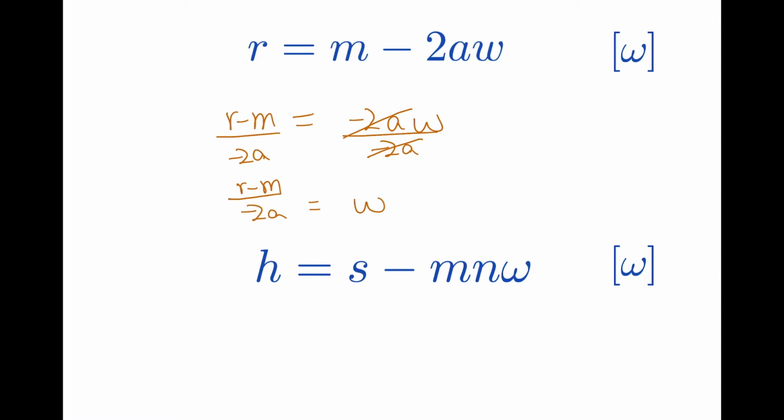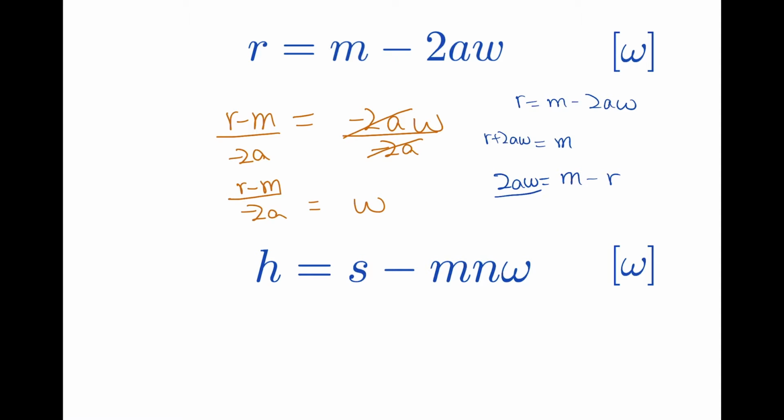Or what somebody will do is, because they don't like the negative signs, for the same question, they make the w side positive first. What they do is move it to the other side so that it becomes positive. Now see, for this question as well, remove r to the right side first, so it becomes m minus r, and then you're left with 2aw.